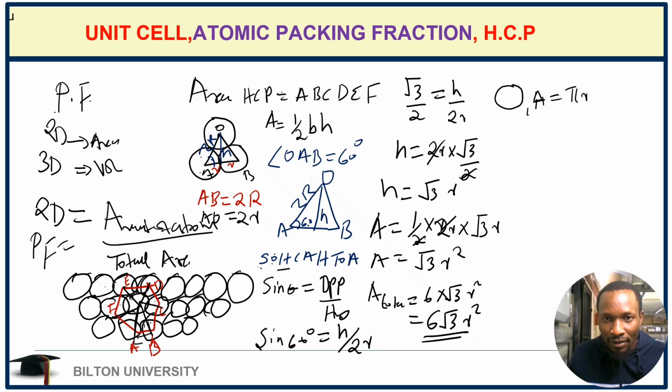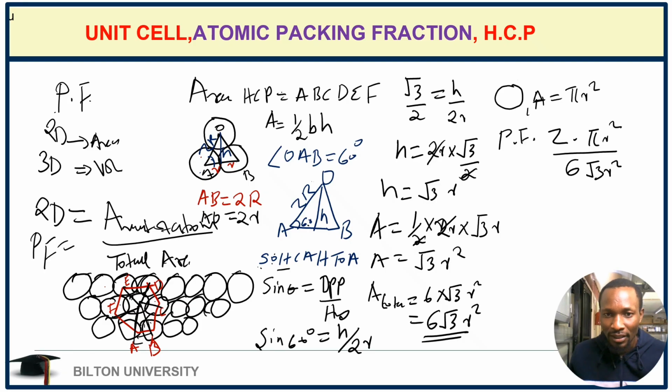pi r squared. Now we know that packing fraction in any unit cell is given by Z, and Z is the effective number of atoms. Now in this case of 2D, we are going to have Z times the area of the atom, which we have found to be pi r squared, over the total area, which we have calculated to be 6 root 3 R squared.